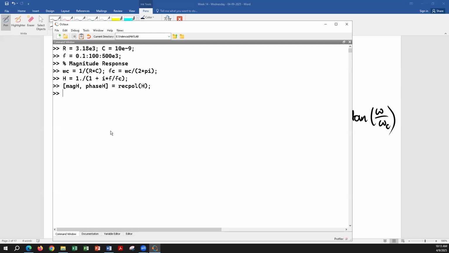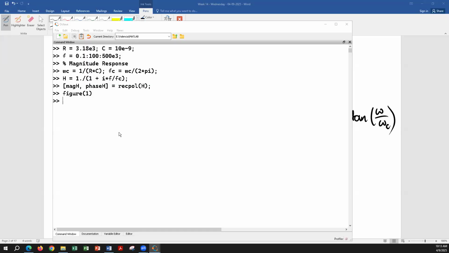But whether the values are correct or not, we're going to plot them and look at them. So let's go ahead and plot first the magnitude response. Let's call figure 1. Instead of using just the plot function, I'm going to do both, plot and semilog x, in a subplot.